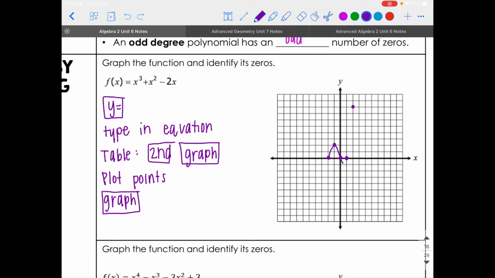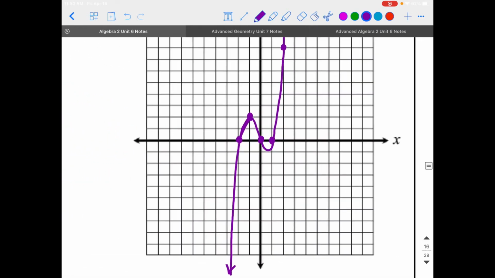So it looks something like this. If you don't look at the picture of the graph, you're not going to know how to connect those dots. Based on this picture, what are the x-intercepts?